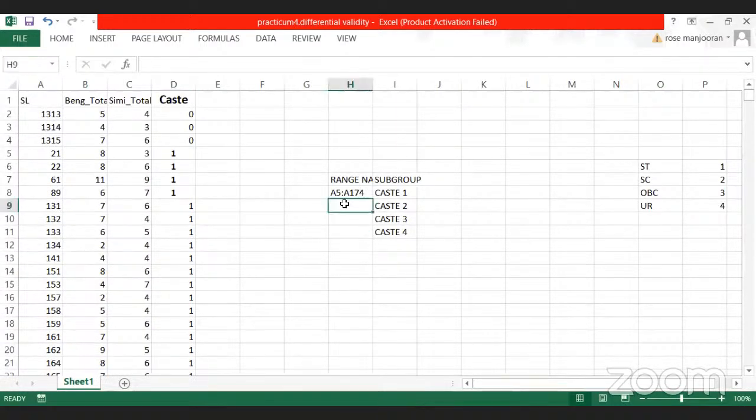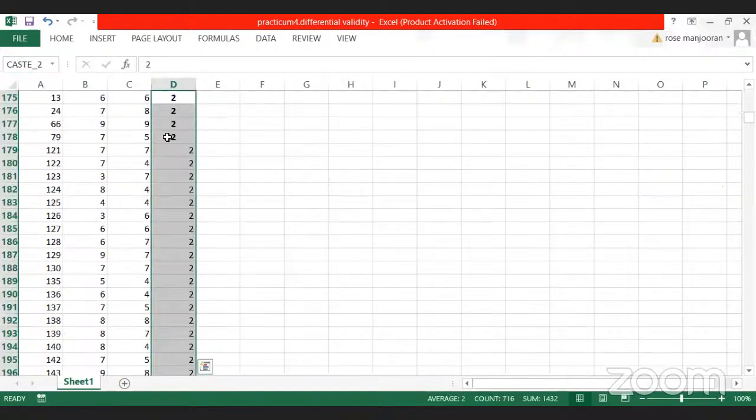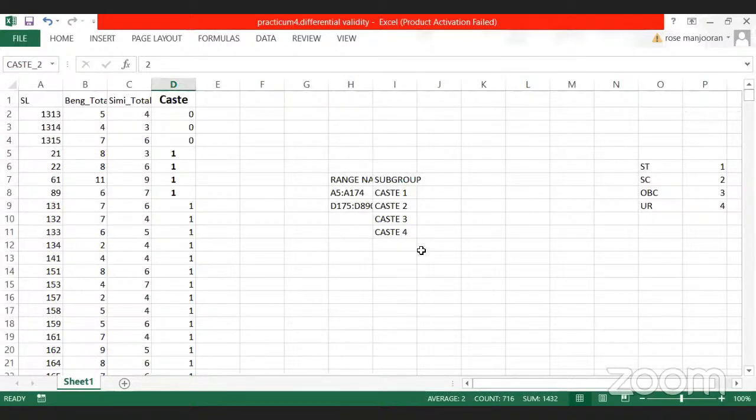So the range of caste 2 will be D175 to D890. So this is the range of caste 2. So when you click on caste 2, you will easily get the range here. You can easily find out.